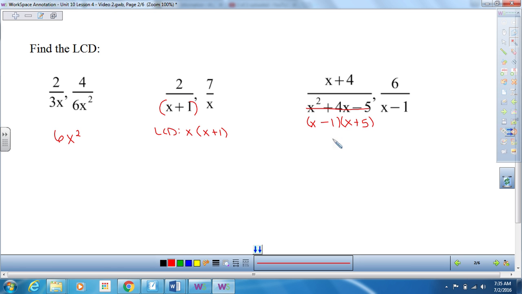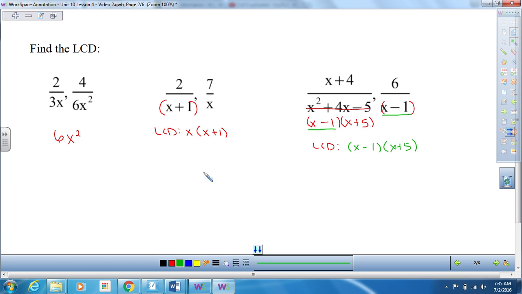Okay. And then I have this x minus 1. Okay. So this x minus 1, since the whole thing is there, and this x minus 1 are the same, so I only need that one time. So having x minus 1 will cover both of those. But then I also need the x plus 5.